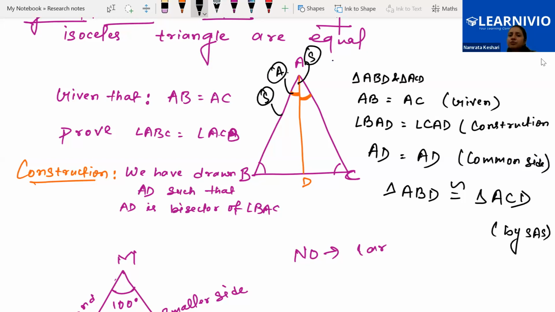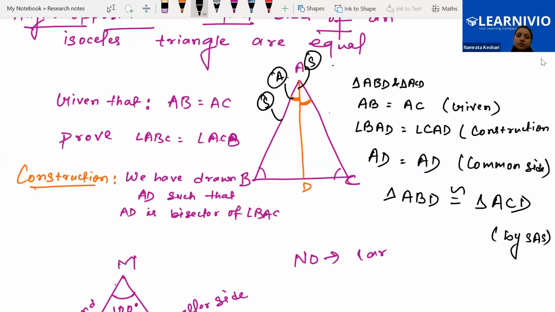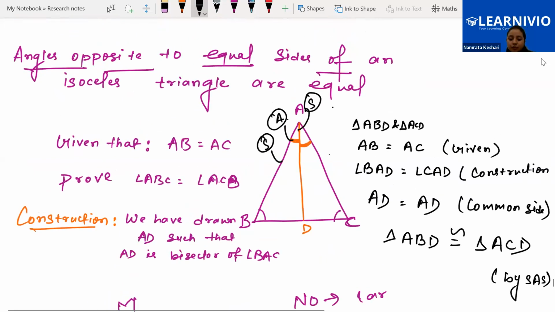Why did we start proving these two triangles congruent? What was the question? Why all of a sudden did we start proving these two triangles congruent?